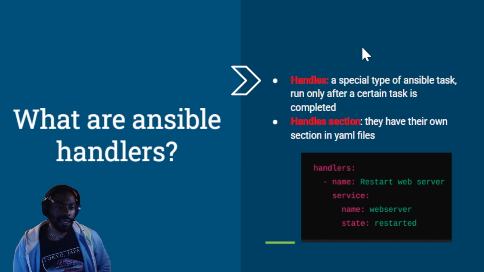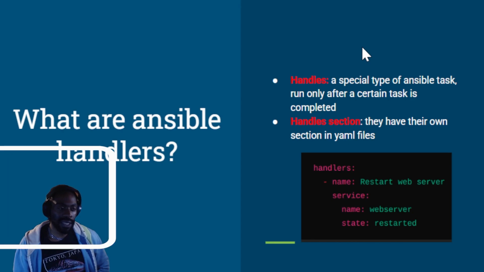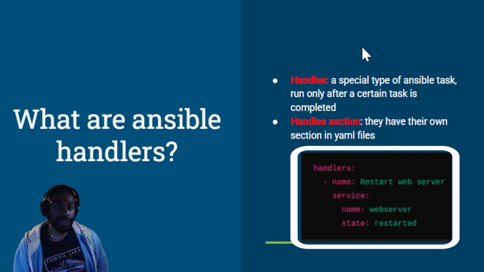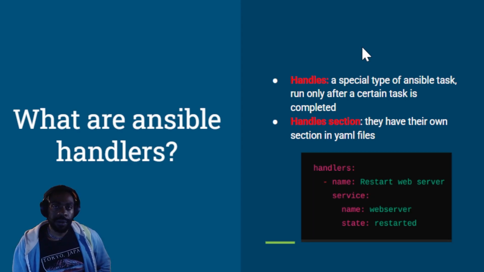Ansible has these things called handlers. So what exactly are handlers? Handlers are technically tasks, but they're a special sauce kind of task. Ansible handlers are tasks that happen only after another task requests it.